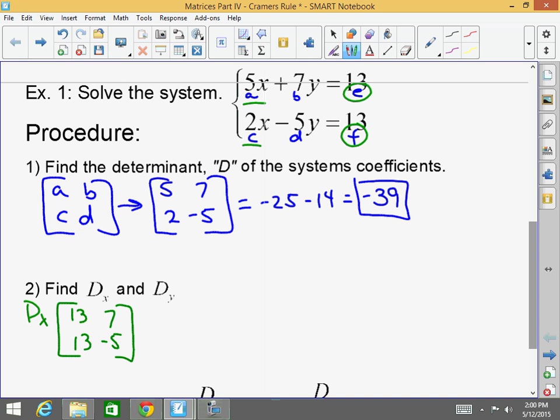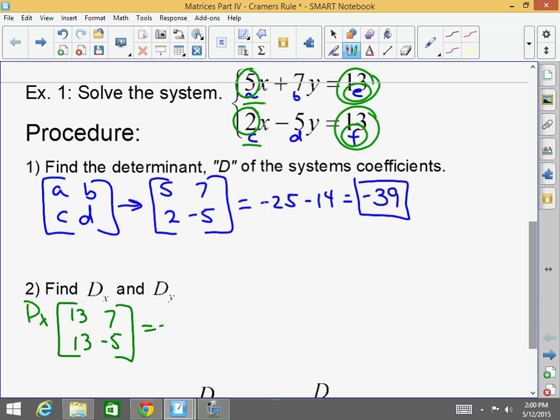Again, what did this crazy man do? I replaced my E and F with my coefficient of x, and I left the y's. Does that make sense, my brothers? So let's find this determinant, gentlemen.